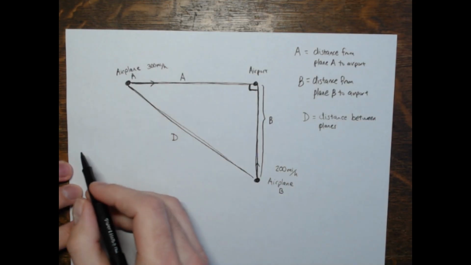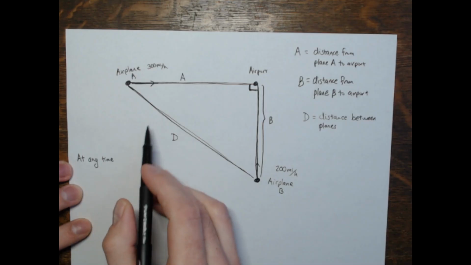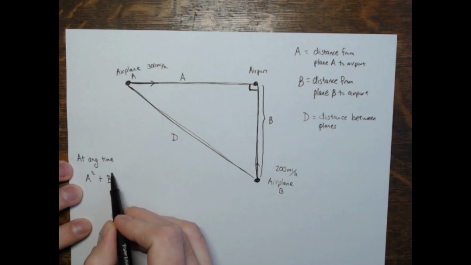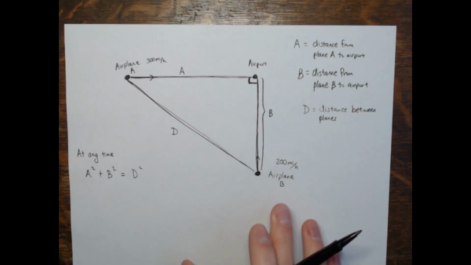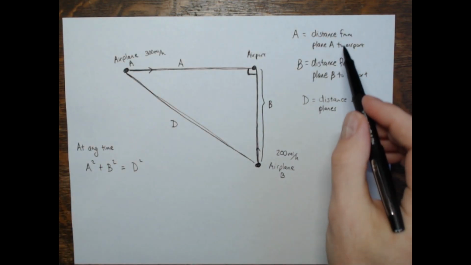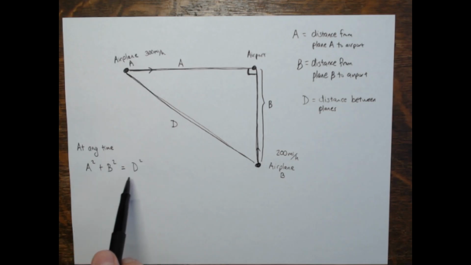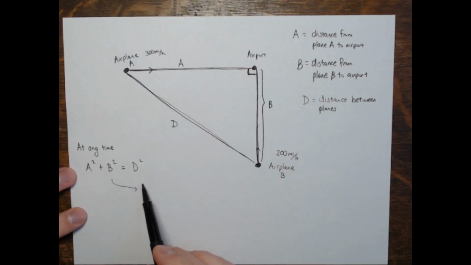And so at any time, here's the relationship between these things, A, B, and D. Isn't A squared plus B squared equal to D squared? It's another right triangle. So remember, we identify the quantities, the things that are changing as time goes on. I set up a relationship to say how those quantities are related at any given time, not a specific time yet. And then we'll find our related rate equation. We're going to differentiate with respect to time.